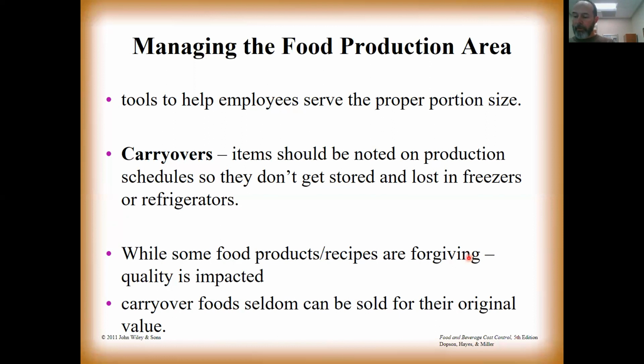So we're going to invest in some tools to help them make sure they get the proper portion size first off. And those are going to be things like scales to weigh out, scoops, ladles, dishes, spoons, dishers, I should say. All that should be listed in a standardized recipe.